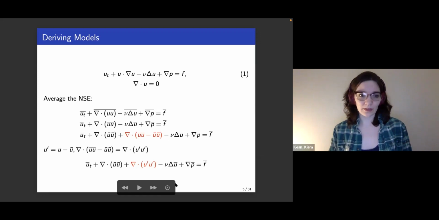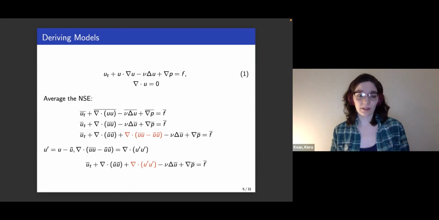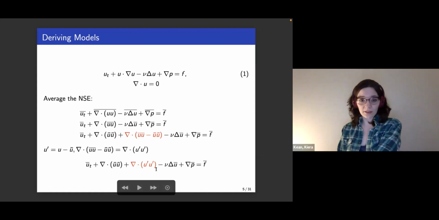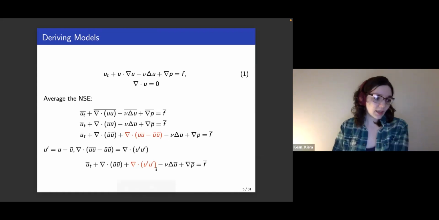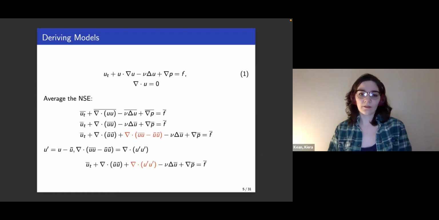So when we decompose our velocity into means and fluctuations, we get this additional term in red on the bottom here, the Reynolds stresses, which is the effect of the fluctuations on the mean flow, and that is what we need to model.